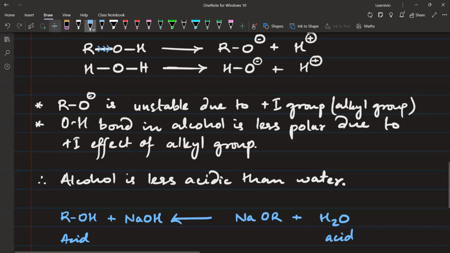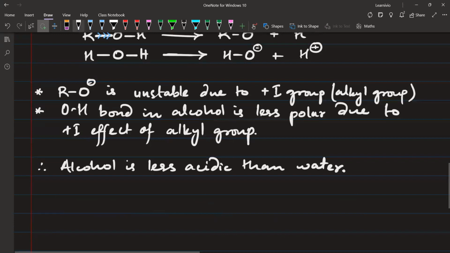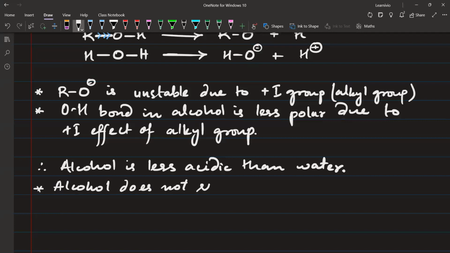So write a point here: alcohol does not react with metal hydroxides. Why? Because alcohol is less acidic than water.